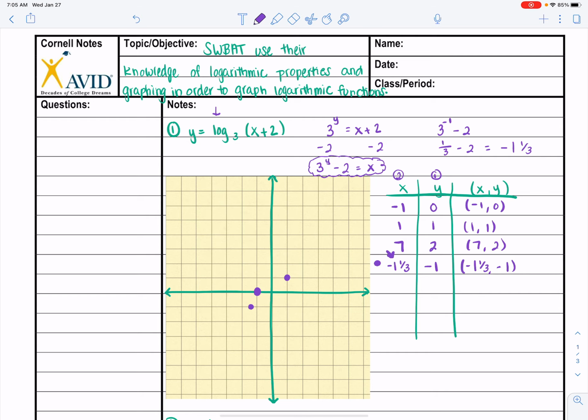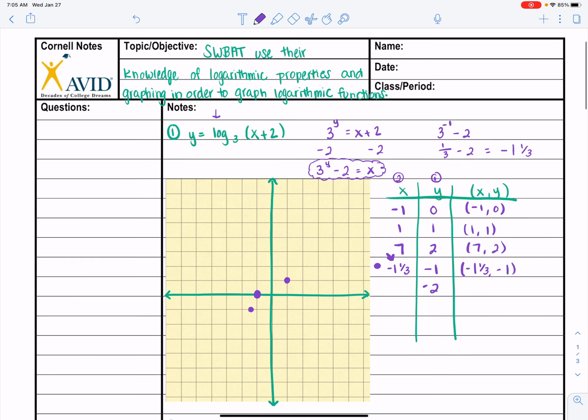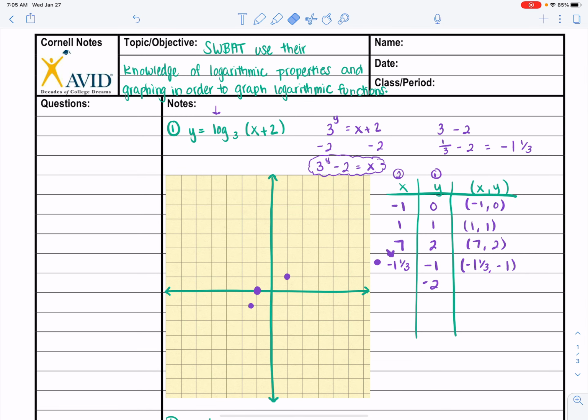So we're about here. Okay, let's go with negative 2. If I use negative 2, 3 to the negative second power is the same as 1/9. So that's the same as negative 1 8/9, so almost negative 2.